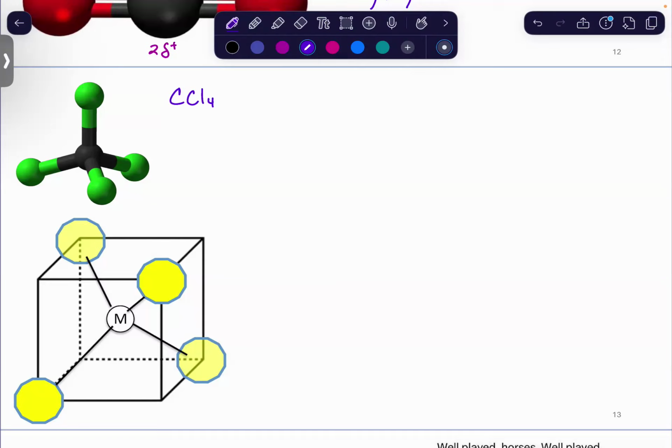Okay, and then I've tilted it. So if you look in the box here, I've tilted the tetrahedral to get the more traditional setup for it. And I think it really helps because then each one of these is chlorine, and your carbon is in the center.